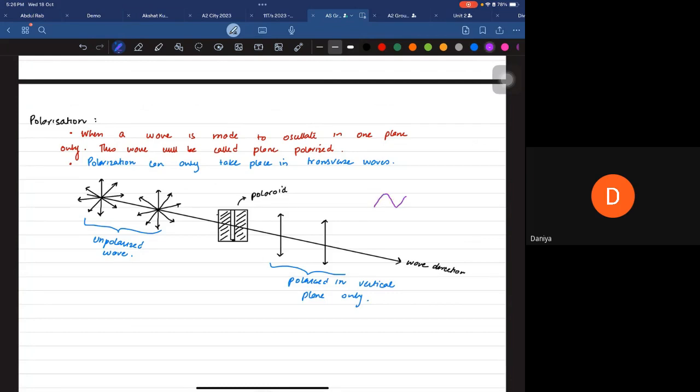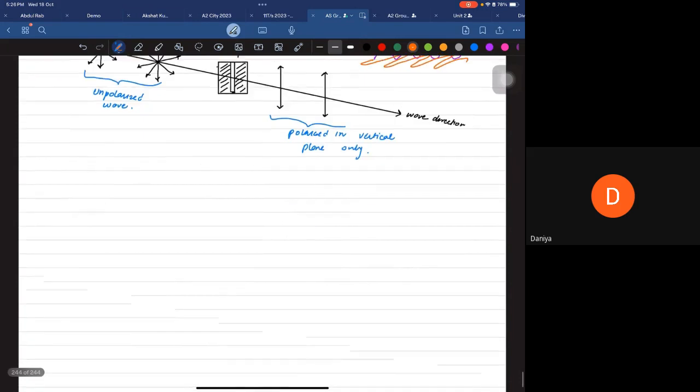If you see, a wave could be like this, and the other wave could be vibrating like this, horizontal plane, and there could be many of these. So only those waves which are vertical vibration right now can pass. In this case only. If you rotate it to horizontal, it will only allow horizontal, or at a certain degree it will only allow that.